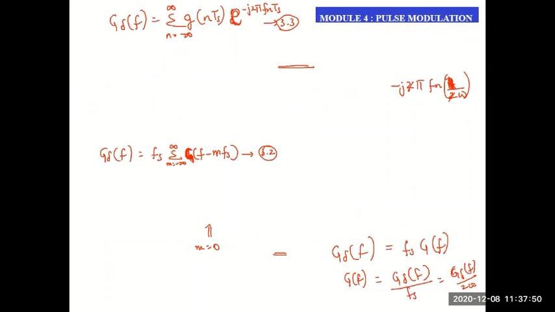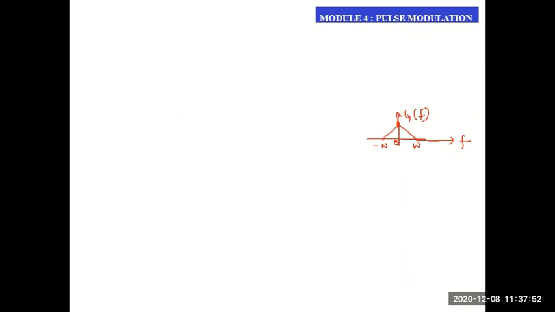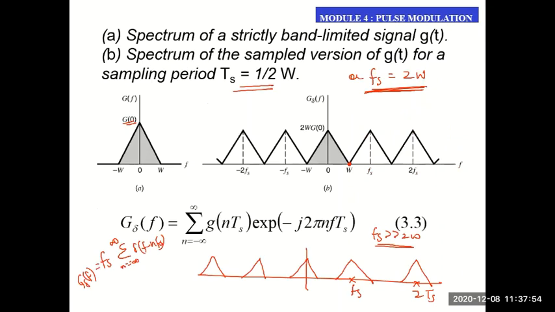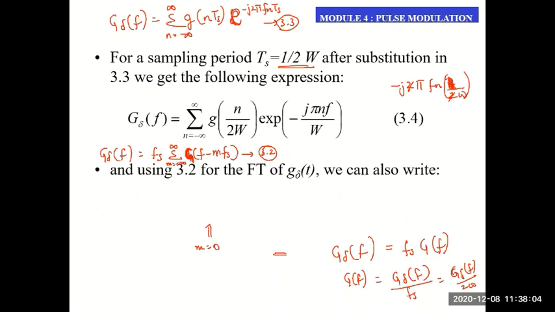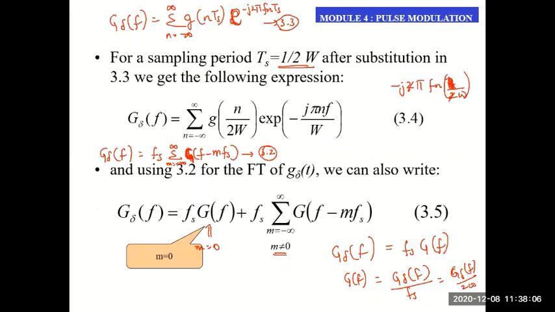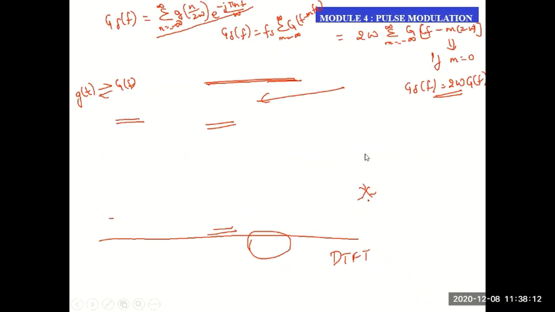Excuse me, ma'am. I guess something is wrong in the expressions you showed. It should be the one you showed when you started, the reconstruction. Okay, this is g delta of f.